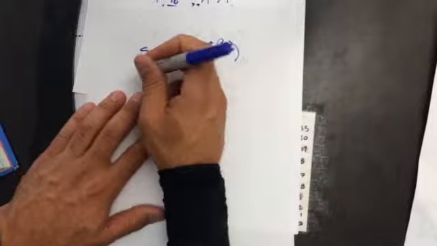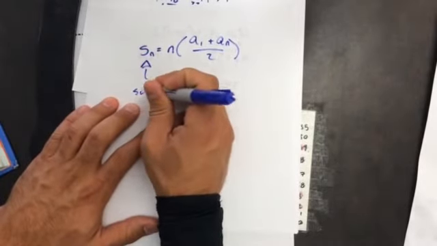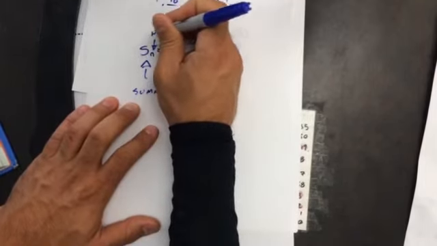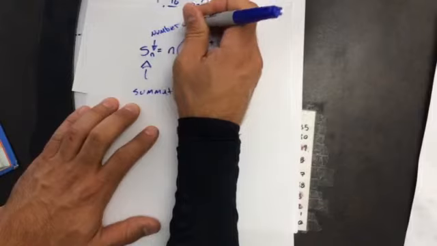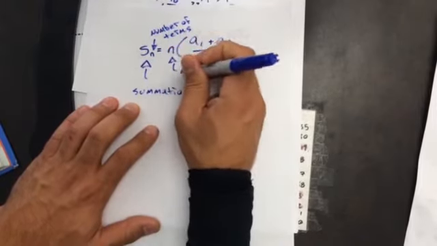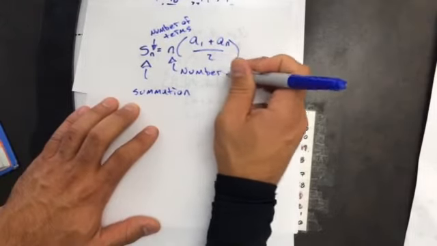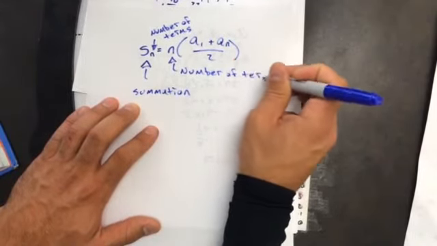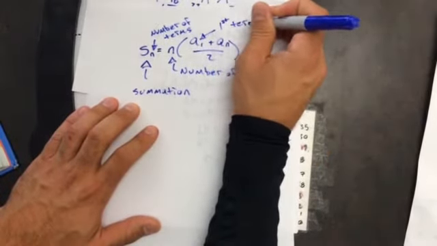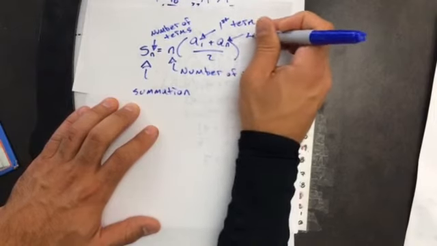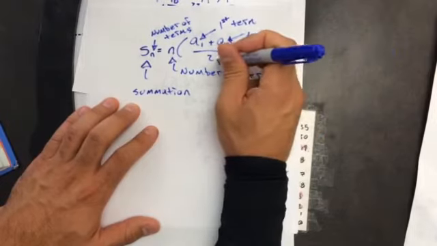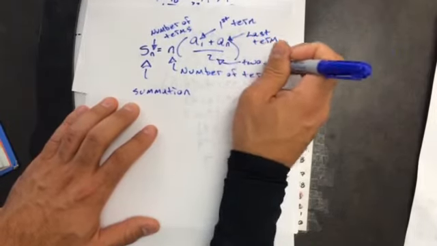So all this stuff, the summation of number of terms, first term, last term, and that's a 2. In case you don't know what that is.